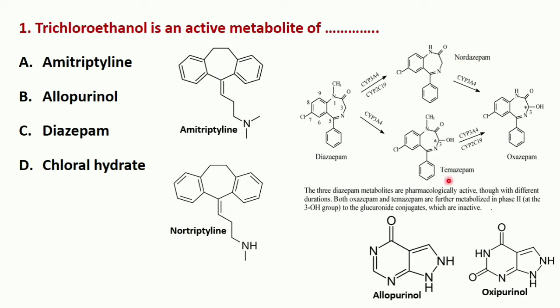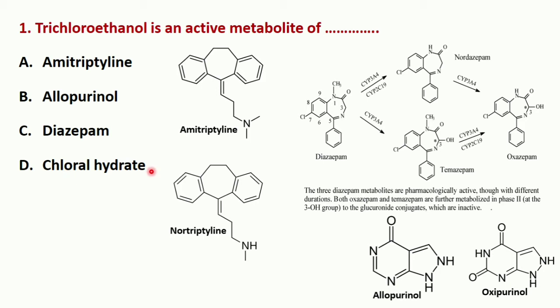Amitriptyline gives nortriptyline, allopurinol gives oxypurinol, diazepam gives oxazepam as active metabolites. The remaining one is chloral hydrate.